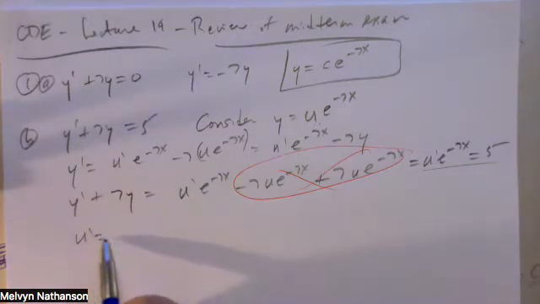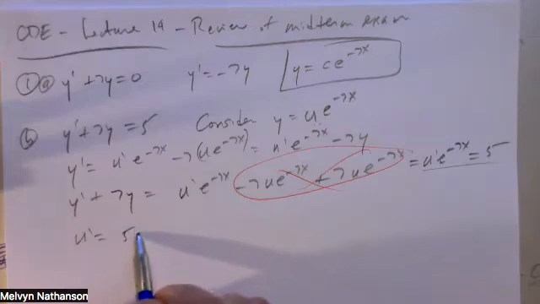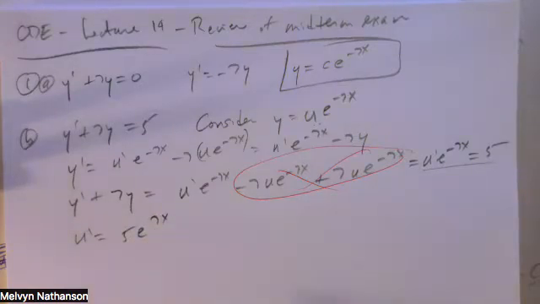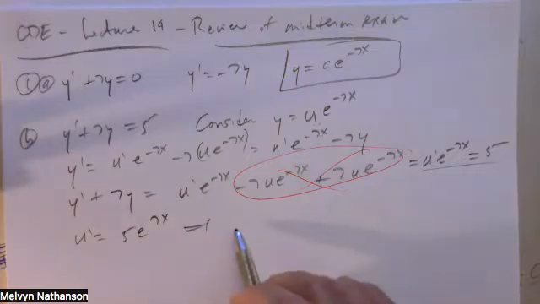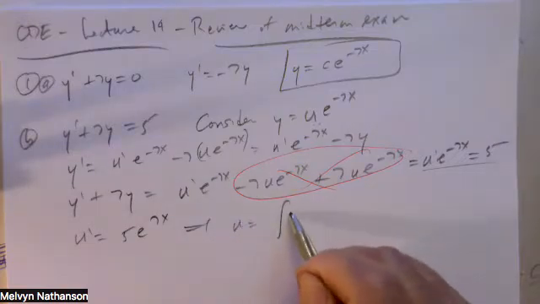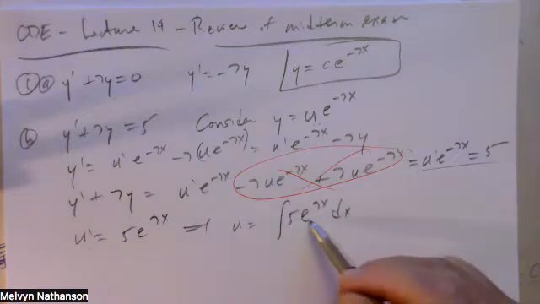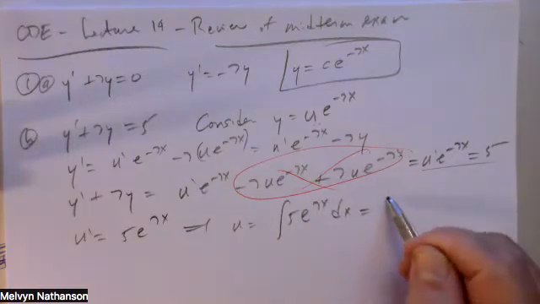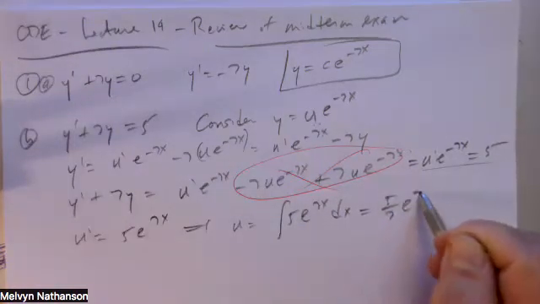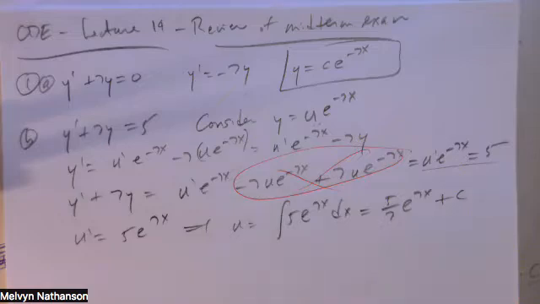That is, u prime is 5 e to the 7x, so we're just looking for the antiderivative. u is the integral of 5 e to the 7x dx. If you integrate 5 e to the 7x, you get 5/7 e to the 7x plus a constant. That's what u is.